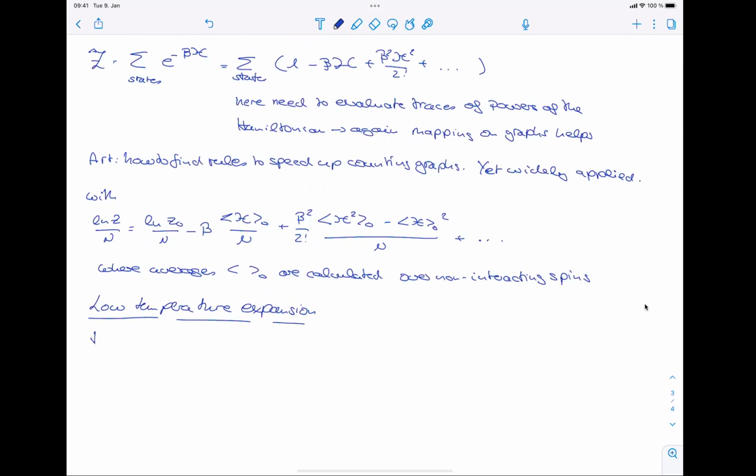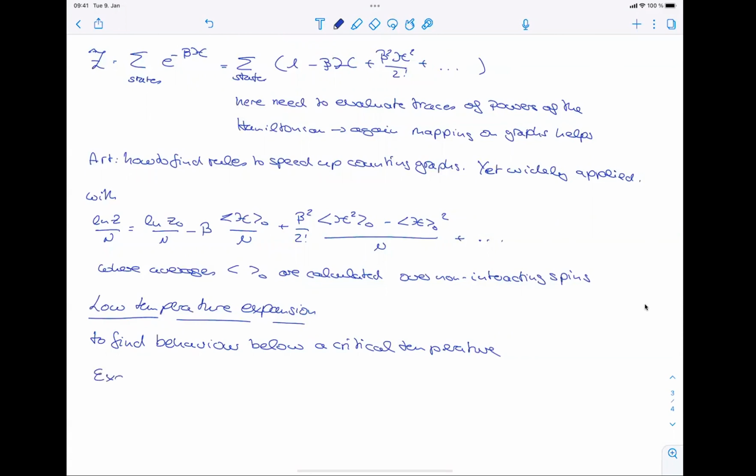Okay, so here we want to find the behavior below the critical temperature.